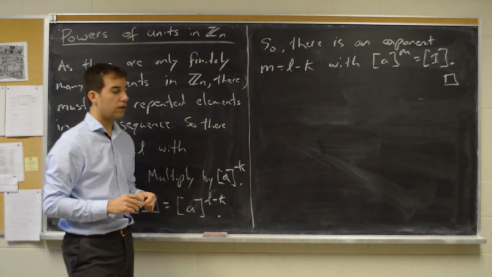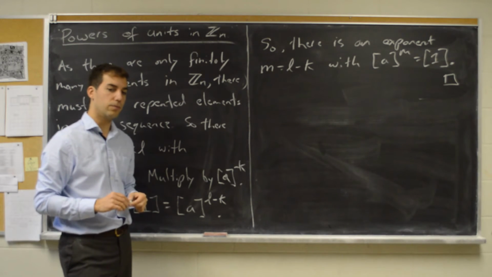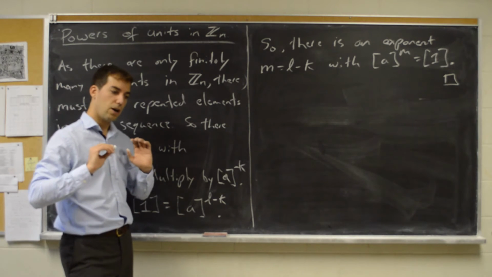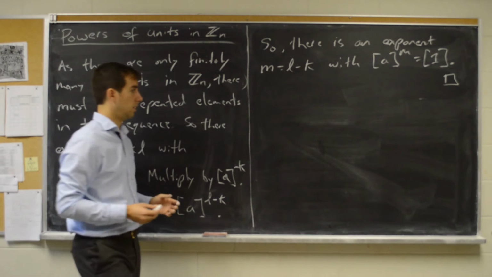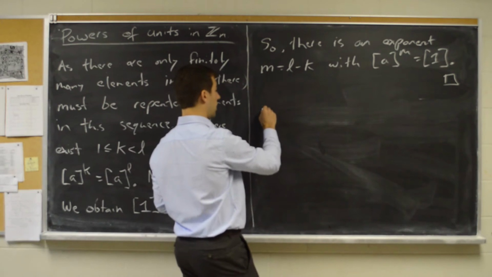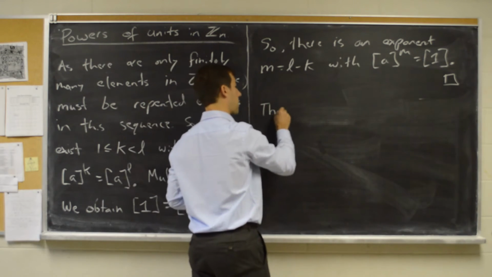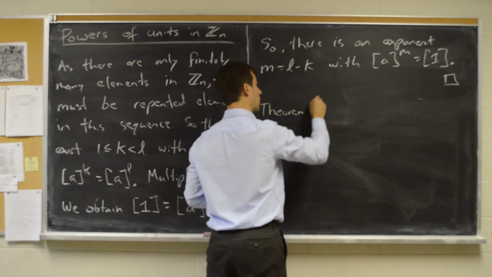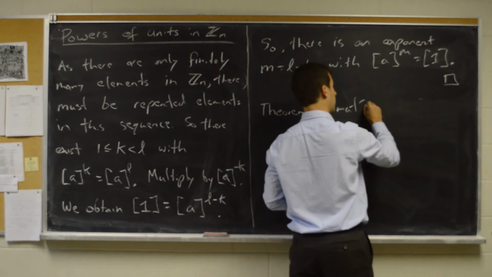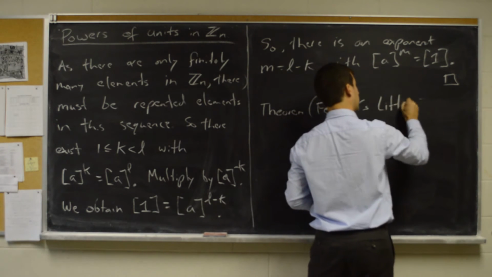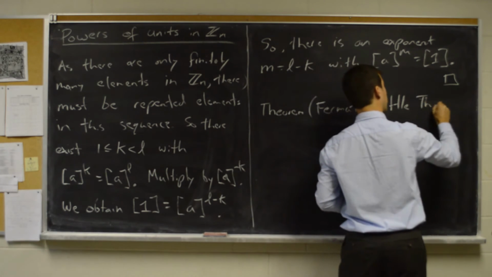However, we have some theorems which tell us uniform results, which tell us specific numbers which will work for all elements at the same time. So let me write down Fermat's little theorem.